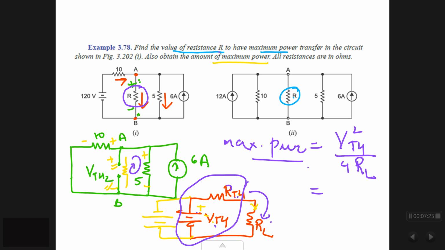The value of R will not be given to you, write the symbol for R. The value of R will be the same as the value of RTH. The value of VTH will be the Thevenin's voltage, and maximum power can be calculated using this formula of VTH square by 4RL. That is how you solve using the maximum power transfer theorem. You need to know Thevenin's theorem for it.